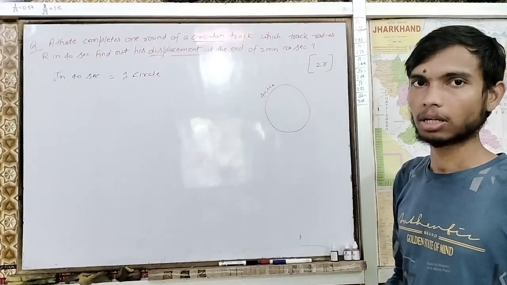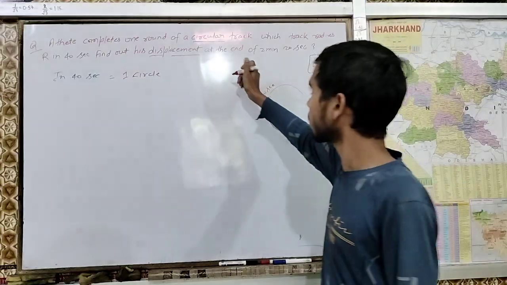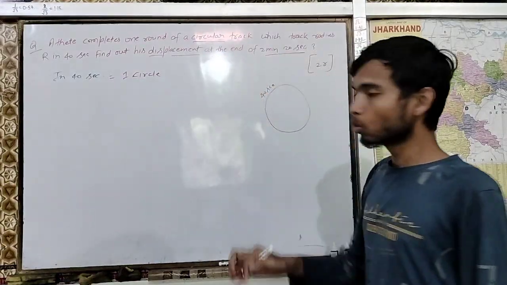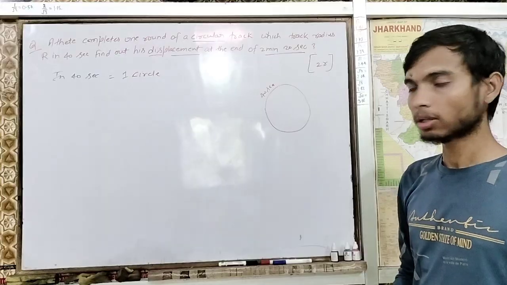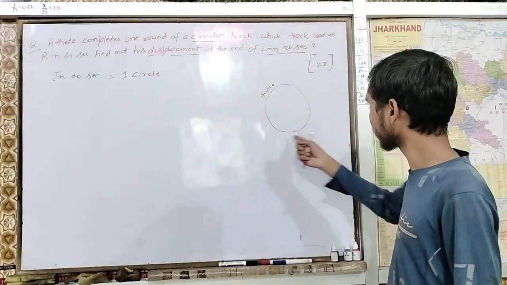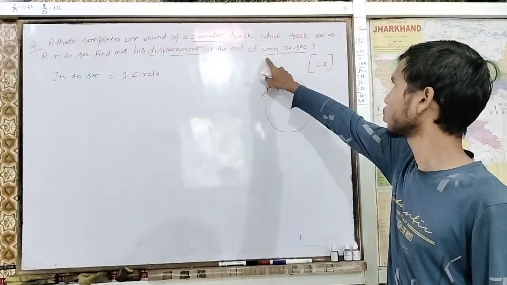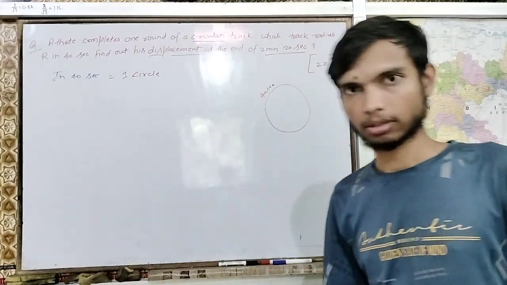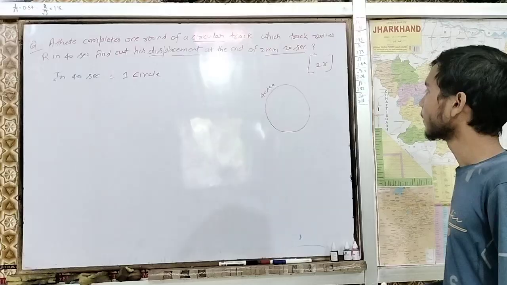So this is one complete circle. Now in 2 minutes 20 seconds, we will see again 40 seconds, then again 40 seconds. First of all, you will have to convert the 2 minutes into seconds. Then you will be able to proceed.